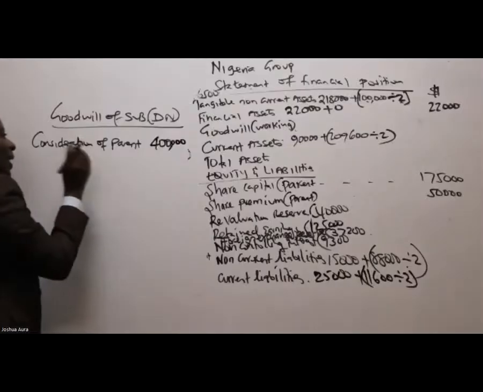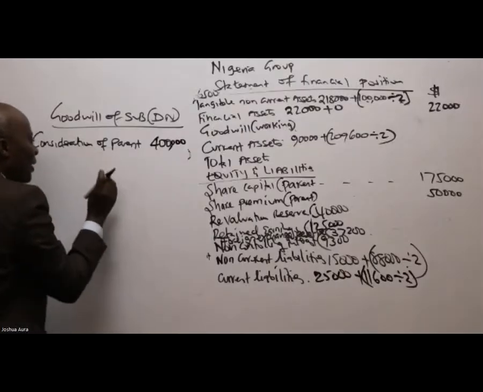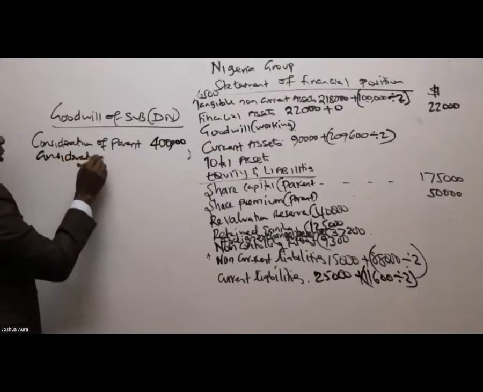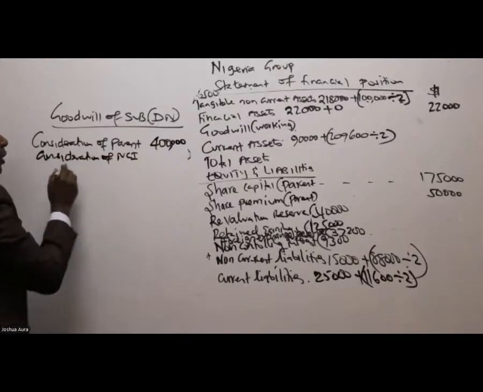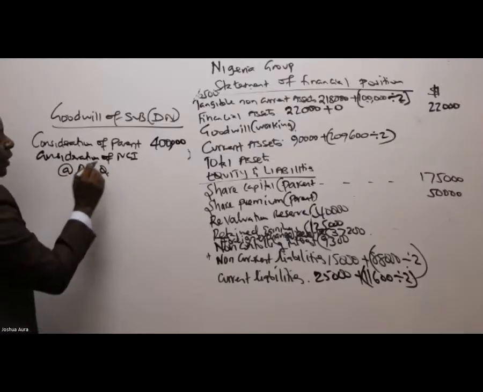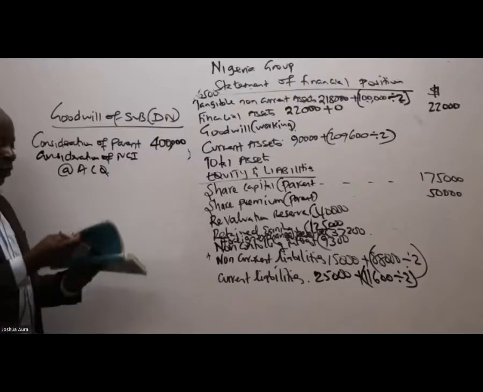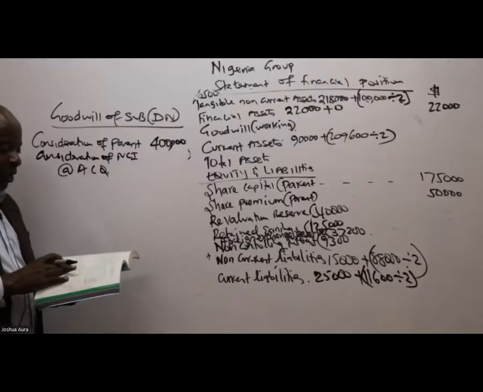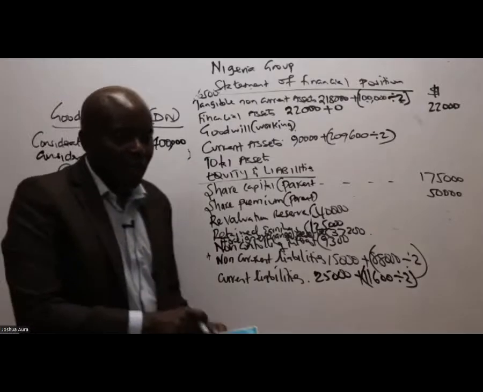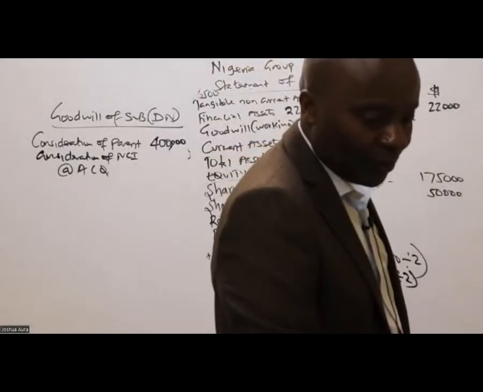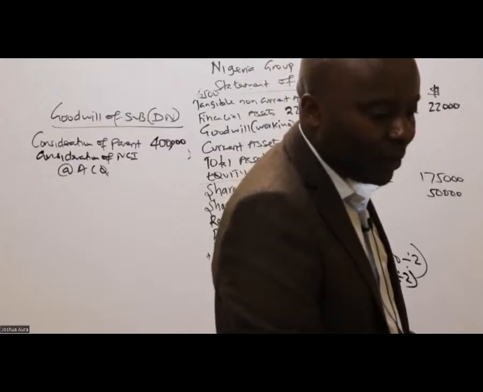Now, of course, the parent never bought this subsidiary 100%. We have the consideration of NCI at acquisition. Are you able to see how much NCI was worth at acquisition? Have they given us NCI at acquisition?